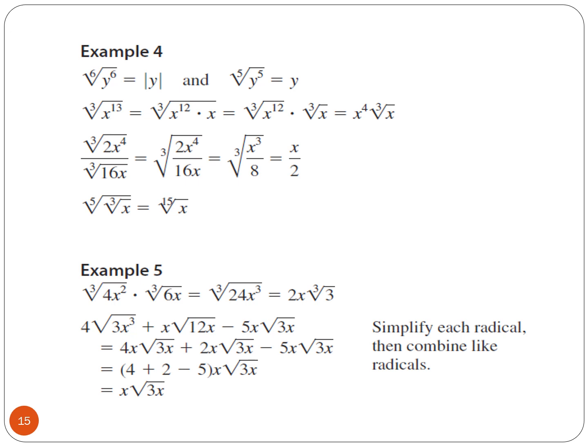Here is another example of simplifying expressions using these rules. The cube root of 4x squared times the cube root of 6x. We can write them under the same cube root by multiplying. This is equal to the cube root of 4x squared times 6x, which is equal to 24x to the power 3.